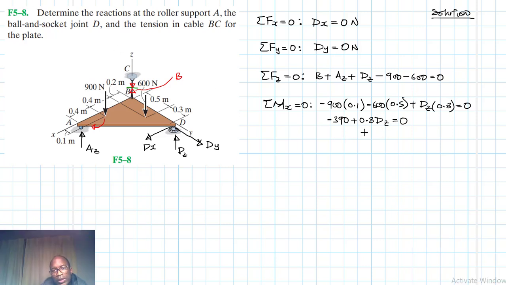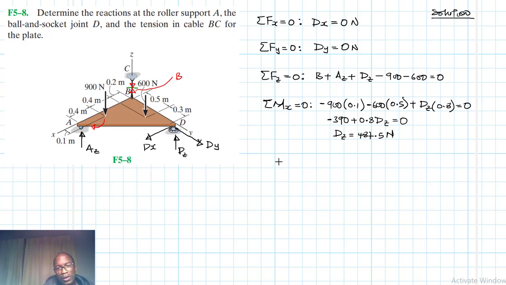So DZ is equal to 390 divided by 0.8. So we'll have DZ equal to 487.5 pounds, Newtons, sorry.